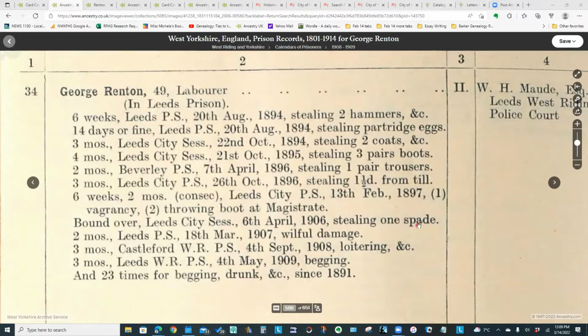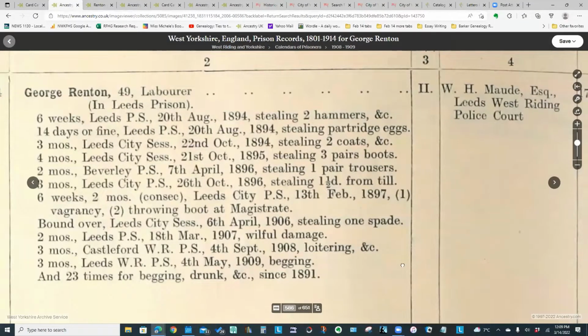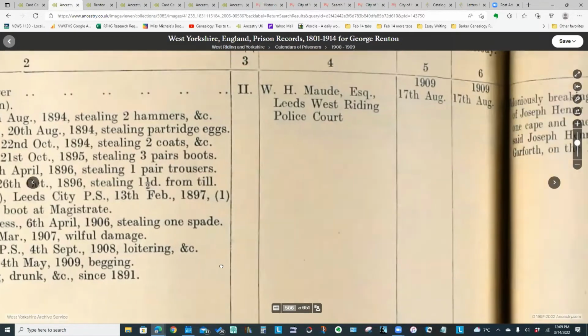Then they talk about he stole a spade, willful damage, loitering, and then they added this last line, 23 times for begging, drunk, etc. since 1891. So it would be fair to say that this individual has been in and out of the jail cells and would be appearing quite regularly in the quarter session records.